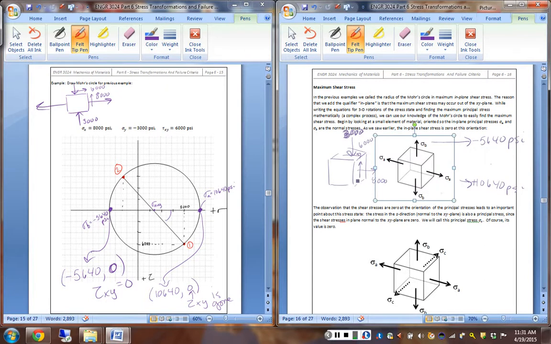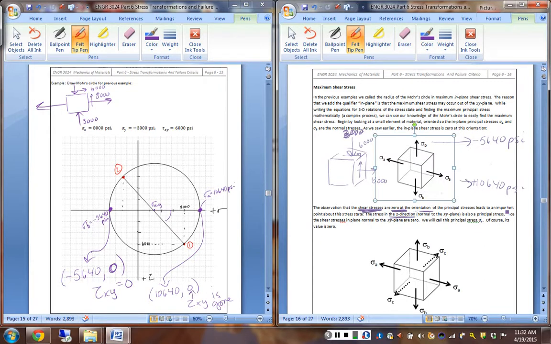Alright, so all of that is to say that the shear stresses are 0 at this orientation when we have found the principal stresses. The stress in the z direction coming out of the plane is also a principal stress.